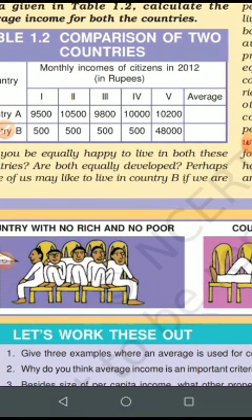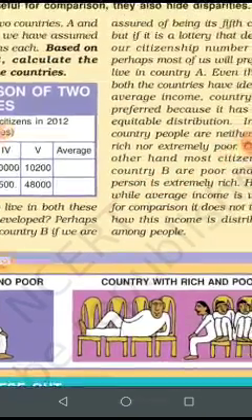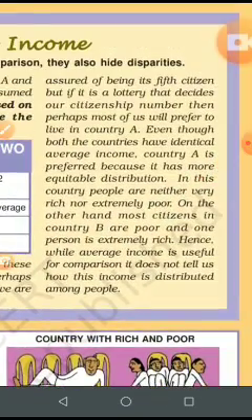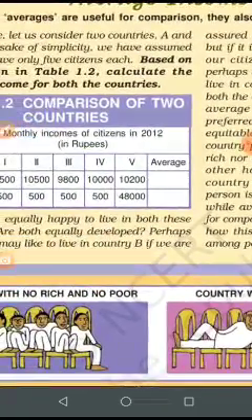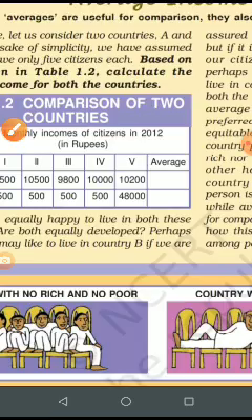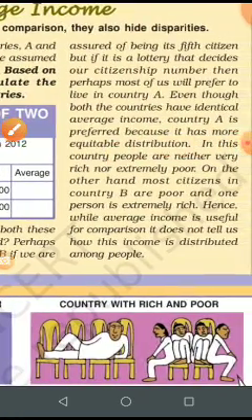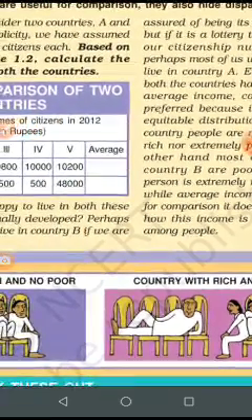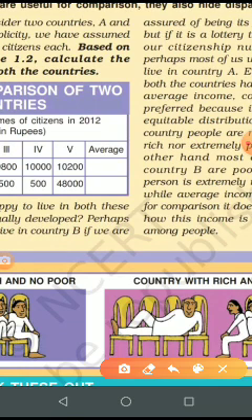Now when you find out the average, this is the task that you have to do. You find out the average income of the country, and if you are the fifth citizen, just as an example, if you belong to this category, the fifth citizen of the country, then perhaps most of us will prefer to live in country A, because you can see the income is mentioned here.